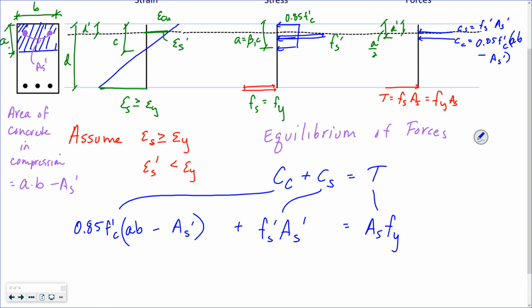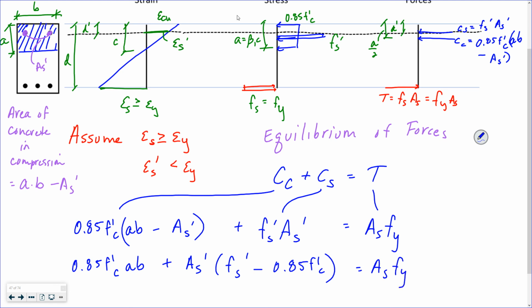Gonna rearrange this a little bit, so I put 0.85 f'c a b plus A_s prime times (f_s prime minus 0.85 f'c). All I did was multiply this out, right? 0.85 f'c times minus A_s prime, so I have minus 0.85 f'c A_s prime plus f_s prime A_s prime, and then factor out the A_s prime.